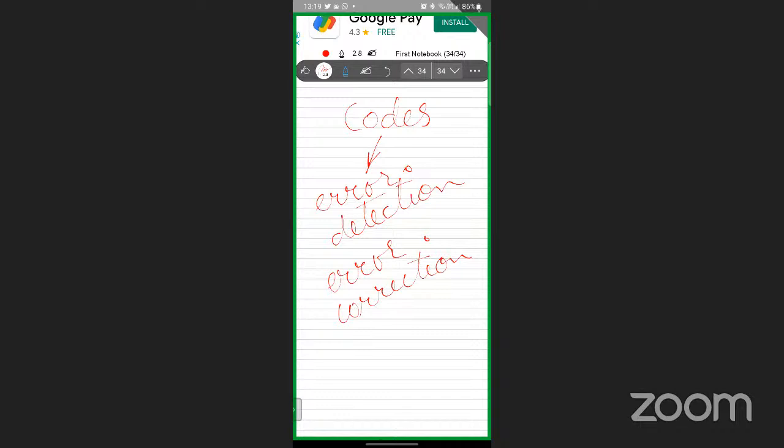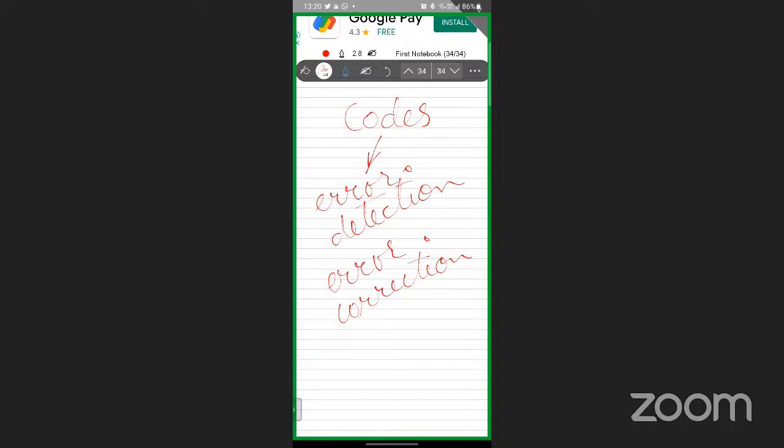Does that make clear the importance of codes? Yes, sir. Why are codes required? Because whatever you can play with codes, you cannot play with ordinary data. That's it. Simple as that.